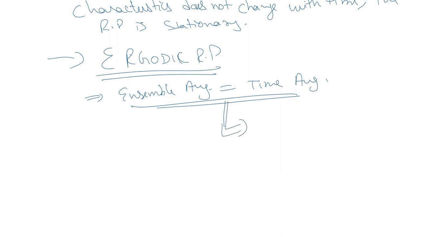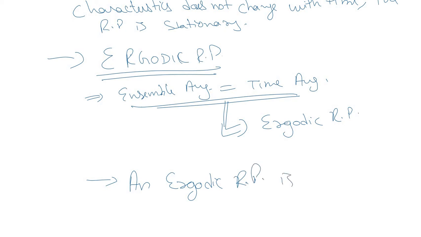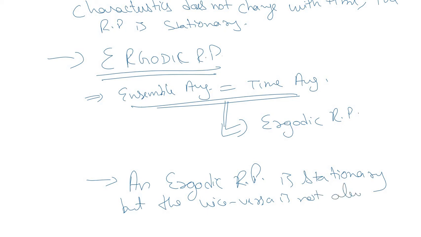So we can conclude that an ergodic random process is stationary in nature, but obviously a stationary random process is not necessarily ergodic. An ergodic random process is stationary, but the vice versa is not always true.